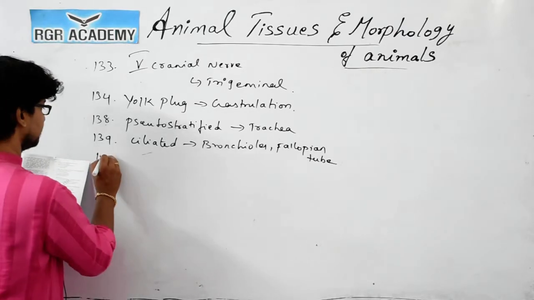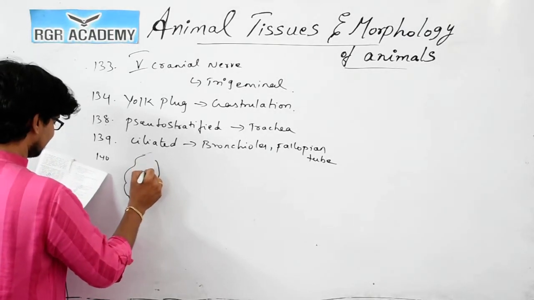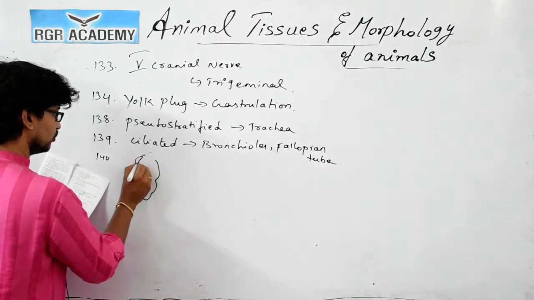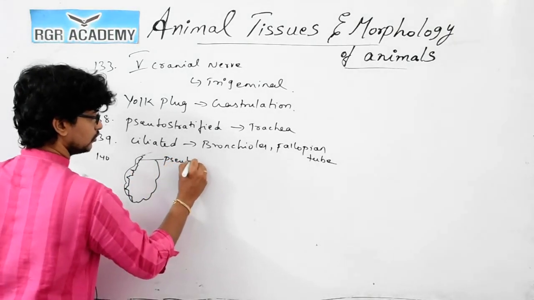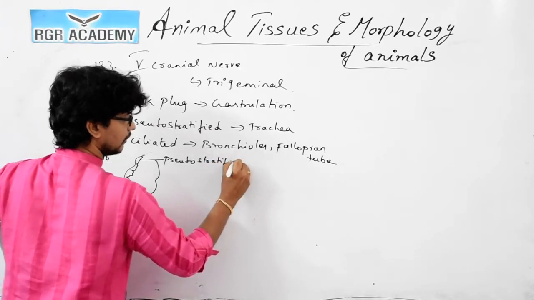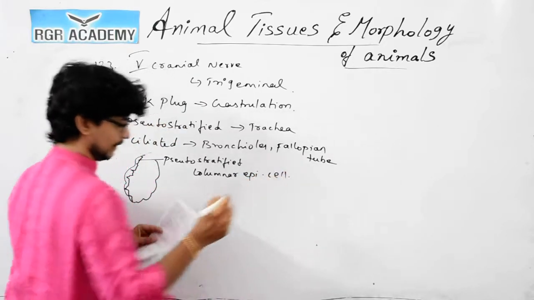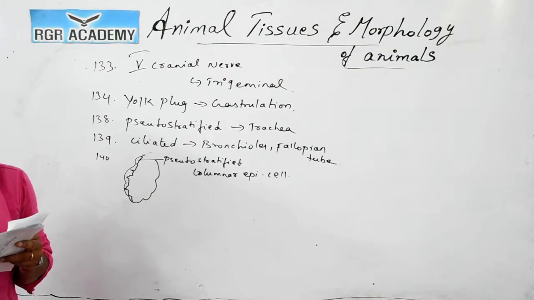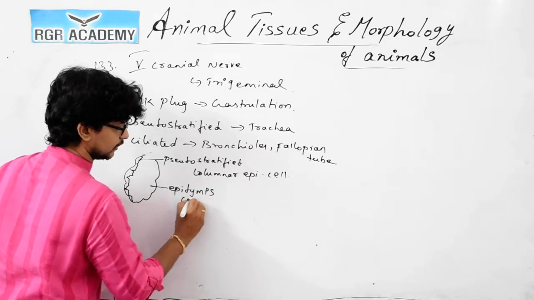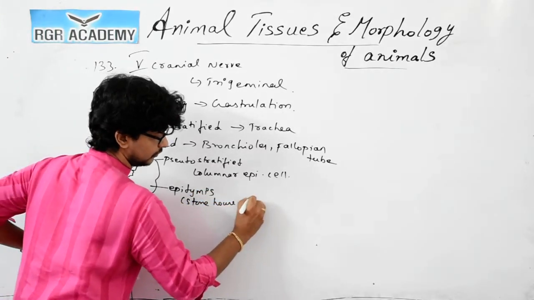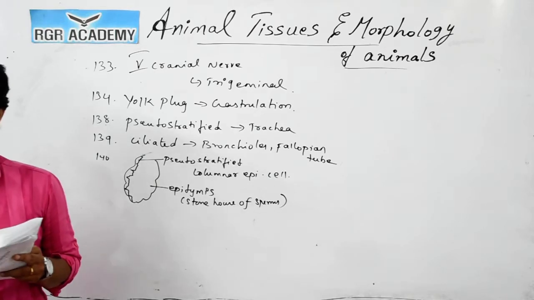In the epididymis, you could see the pseudo stratified columnar epithelial cells, because the epididymis is the storehouse of sperms. So option 4 is the correct answer.